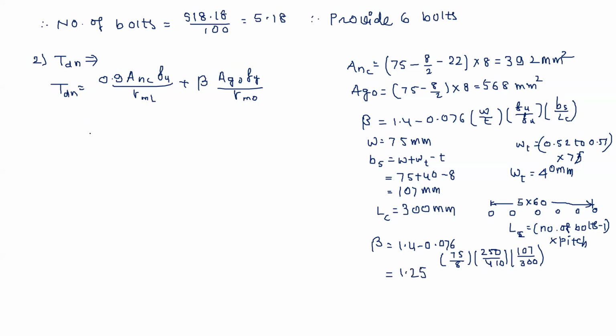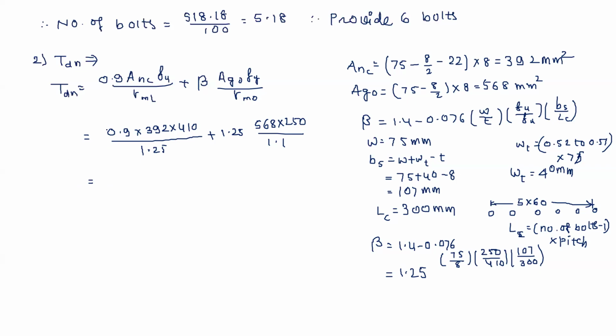And from this we can find TDN. We have 0.9 into ANC is 392, FU is 410, gamma ML is 1.25, beta is 1.25, AGO 568 into 250 upon 1.1. And from this we got this value that is equal to 554.